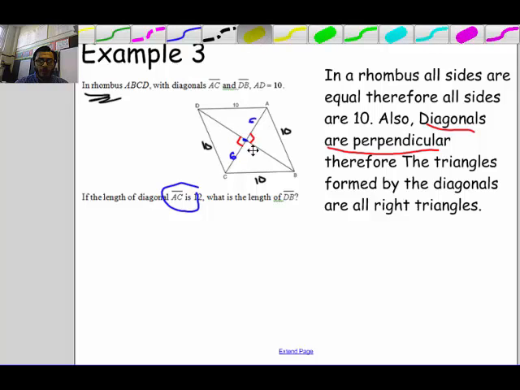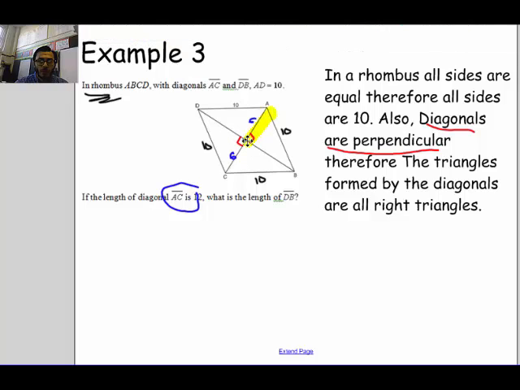So I'm looking for the length of DB. So what I could do is I could use Pythagorean theorem to find half of DB and then just multiply it by 2 and I'll get the whole thing. So let's go ahead and do that. So we got a squared plus b squared equals c squared.